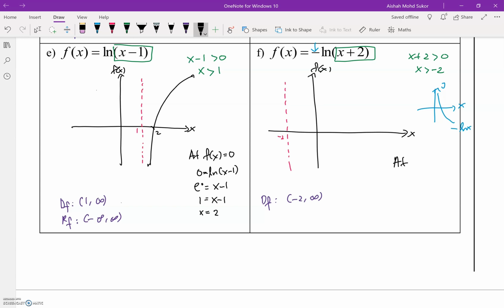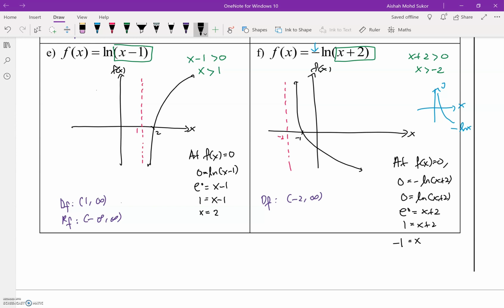Therefore, at f(x) equal to 0, 0 equals ln(x plus 2), e^0 is equal to x plus 2, 1 is equal to x plus 2, so x will be equal to negative 1. Therefore, our graph will look like this.